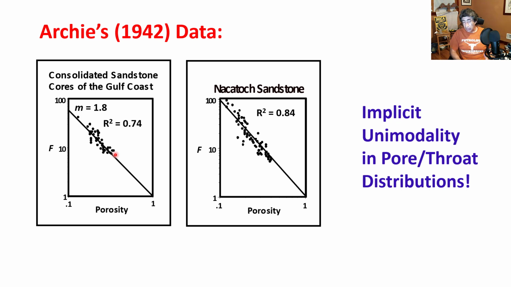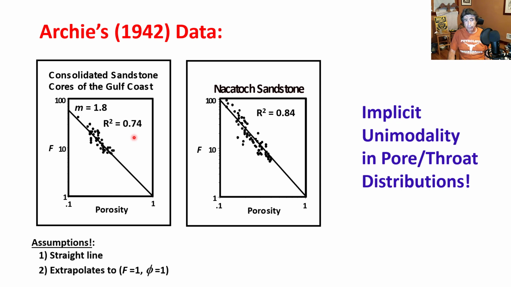That makes these kinds of correlations very constant for a wide range of porosity, because we have a unimodal distribution of pore sizes or throat sizes, which is not the case in a carbonate sequence.